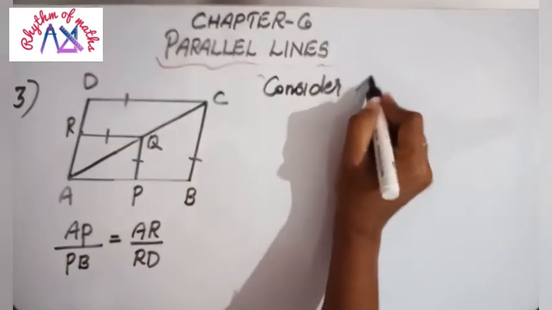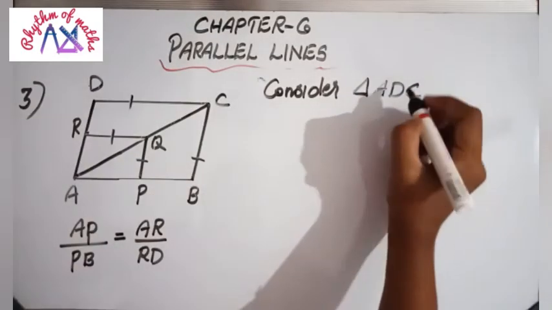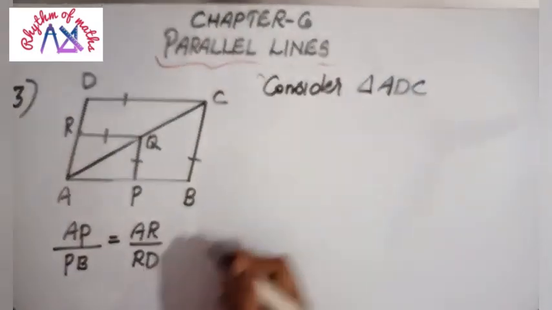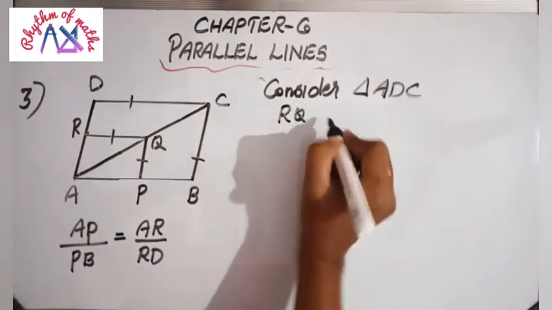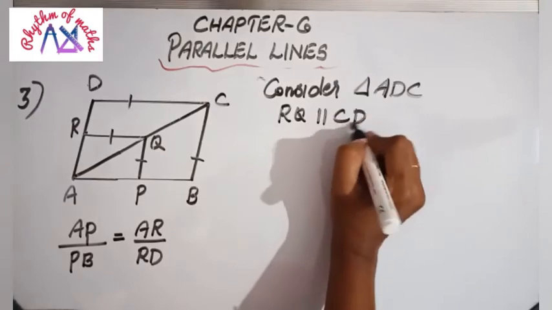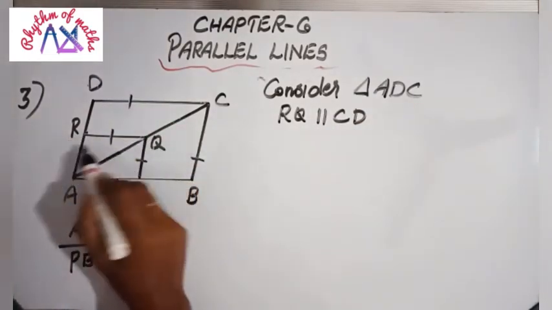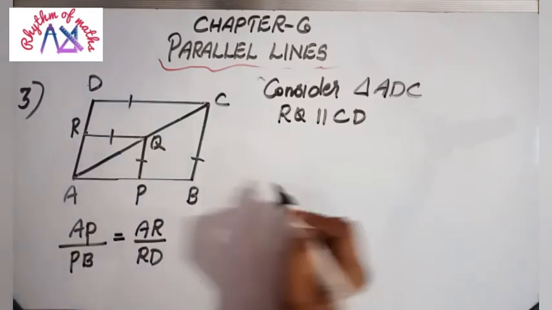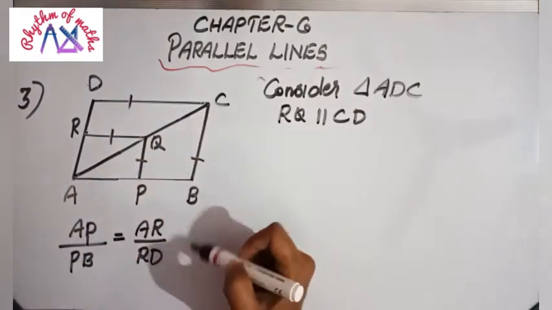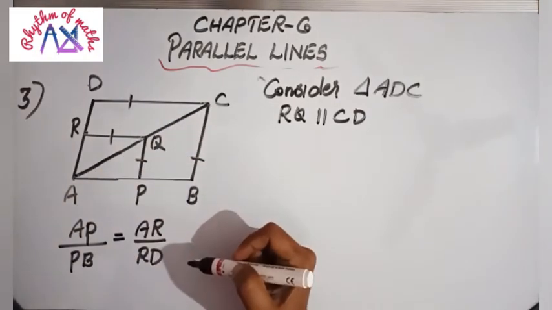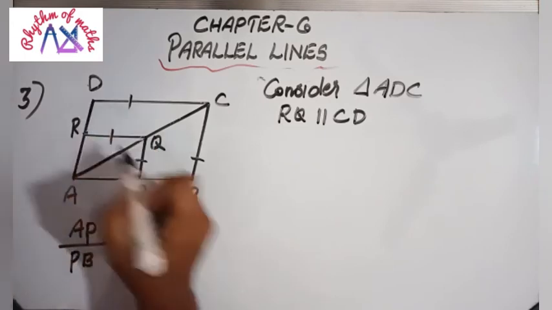So let's consider triangle ADC first. Now in triangle ADC, RQ is parallel to CD. If two lines are parallel, then that line cuts the remaining two sides in the same ratio. We know that. That means this RQ cuts AD and AC in the same ratio. So which are the parts? For the first side, parts are AR and RD.